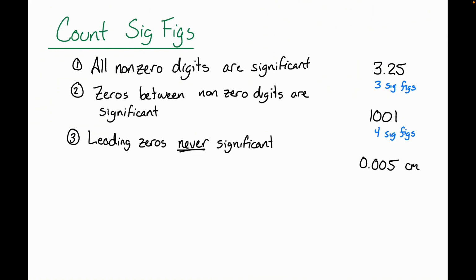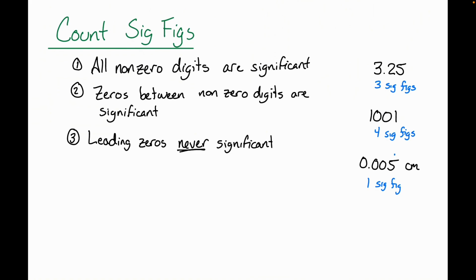So when I'm counting sig figs in this number here, I'm going to skip over all 3 of those leading zeros. This number right here only has 1 sig fig, that 5. So if they're out front, they never count. If they're in the middle, they always count.